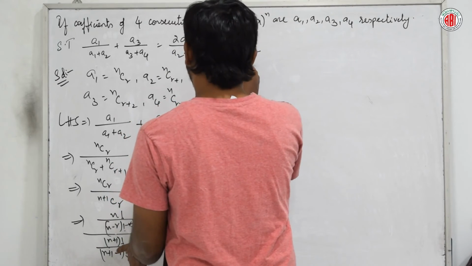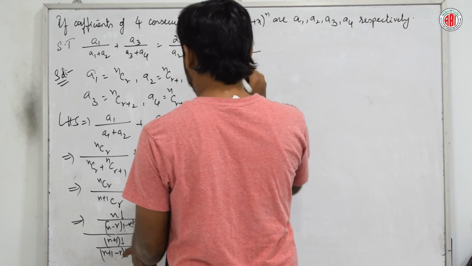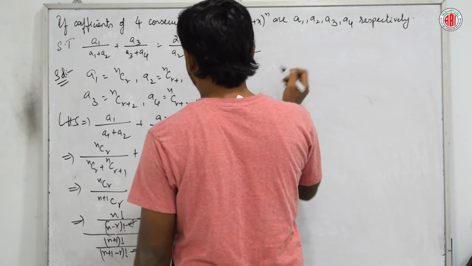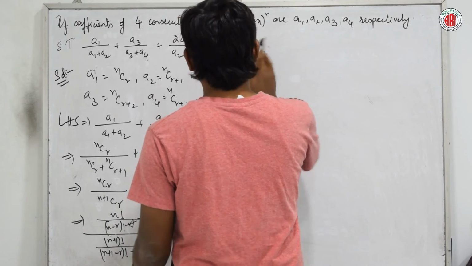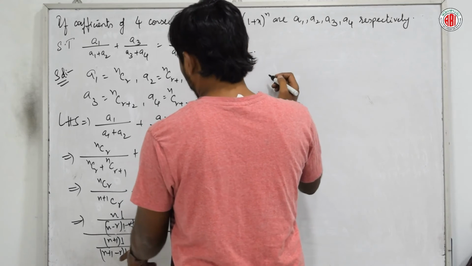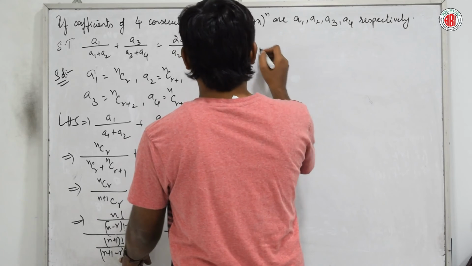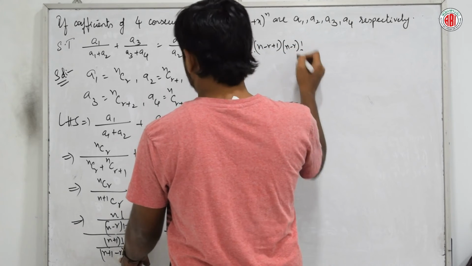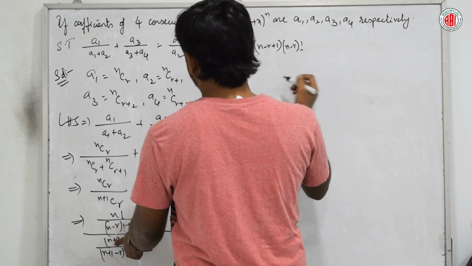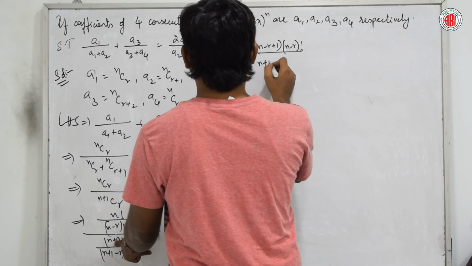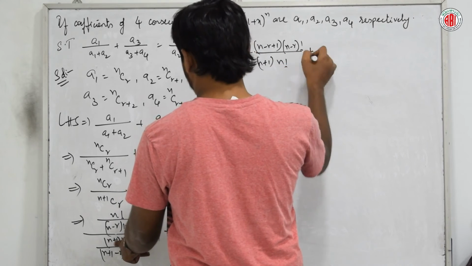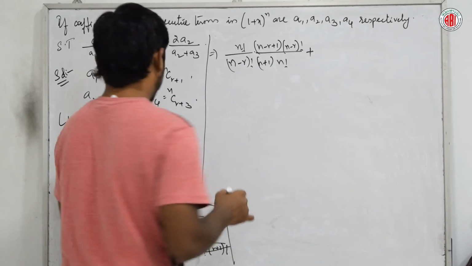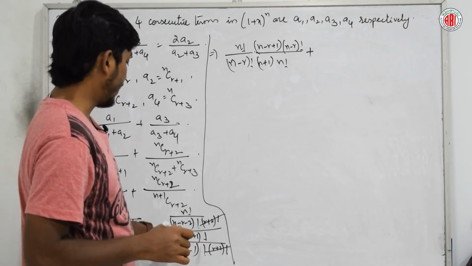Let us put n minus r factorial as it is into, let me write like this, into n minus r plus 1 into n minus r factorial. Here n plus 1 factorial can be written as n plus 1 into n factorial plus, here n factorial by n minus r minus 2.